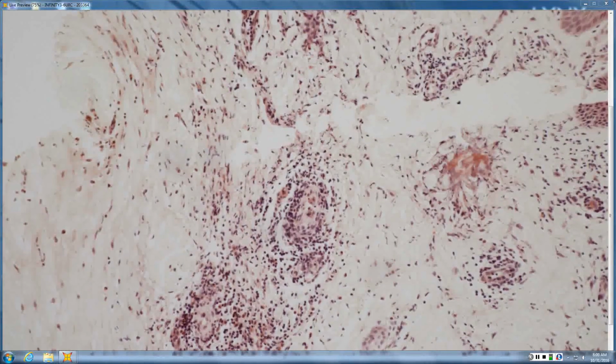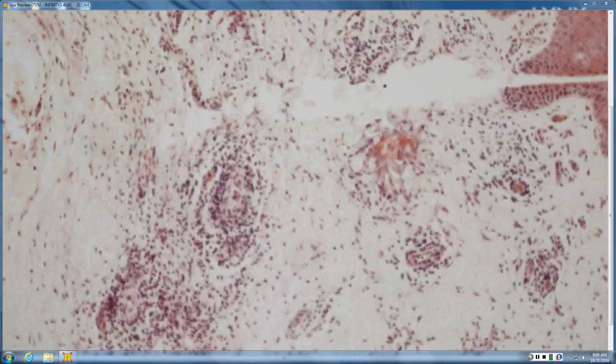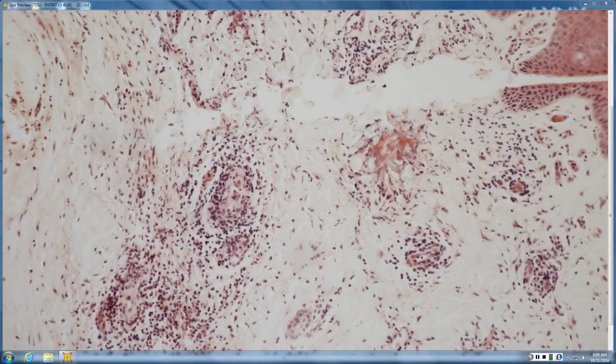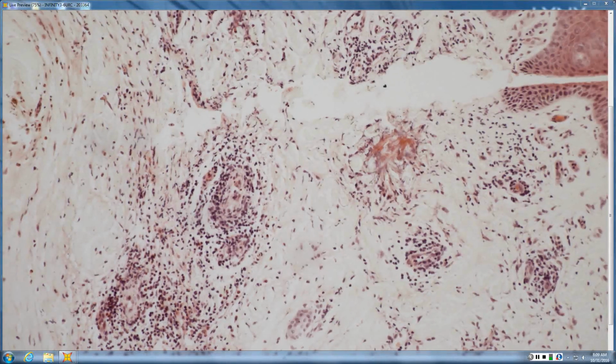When Wells first described it, he thought he was describing an exaggerated bug bite, and then the world said, no, this is idiopathic, and named it Wells syndrome. Then the Germans showed that they could provoke it with bug bites, and published an article. Wells was asked to write an editorial, and his editorial was, I told you so, period.